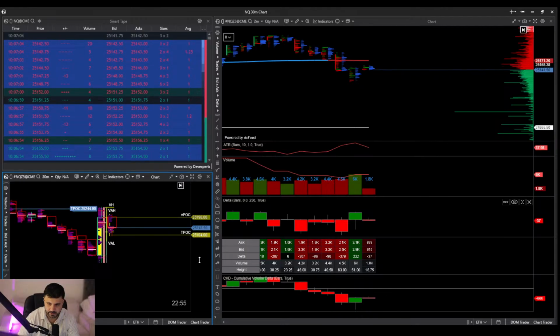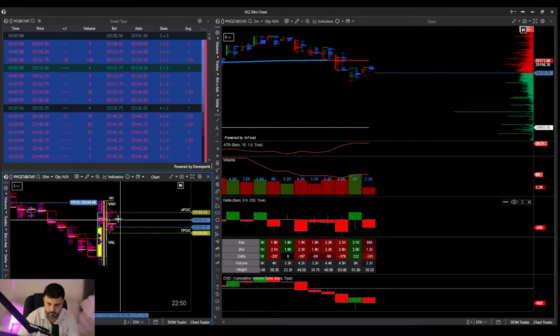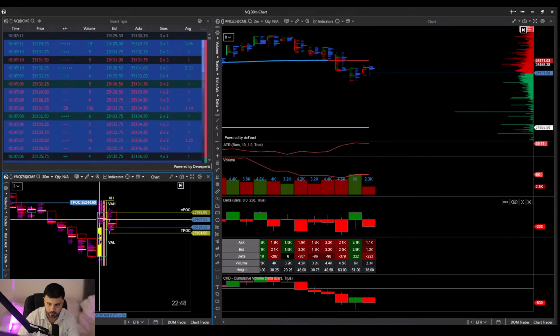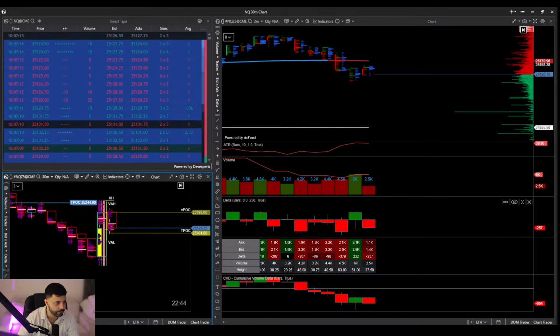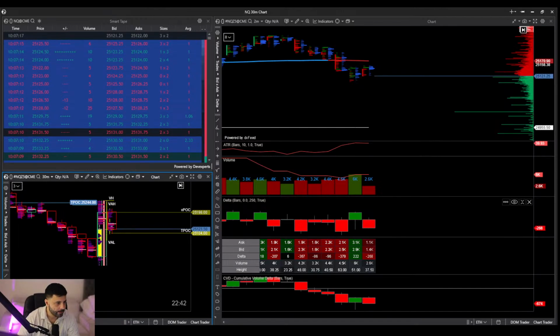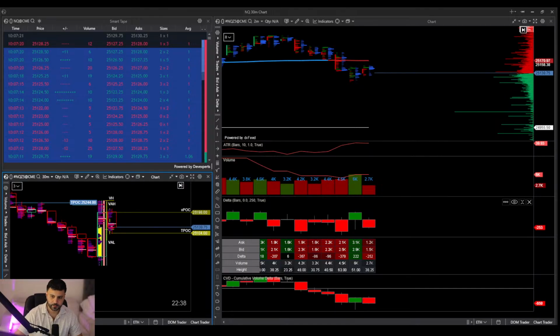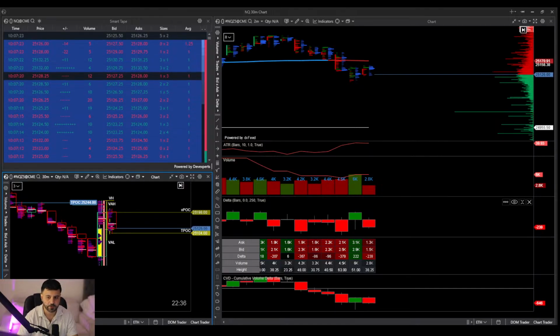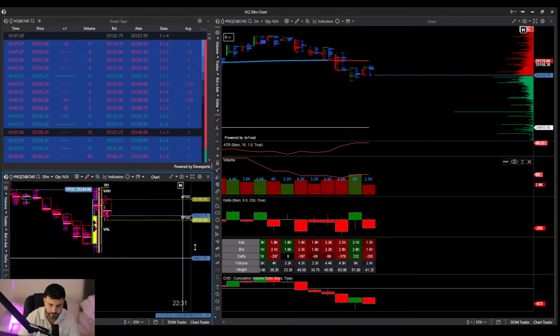So all these longs are still not underwater, right? These guys who longed here, they're not underwater until we get all the way down to the bottom. That's the psychology behind that. They're not going to close out until we get all the way down here.